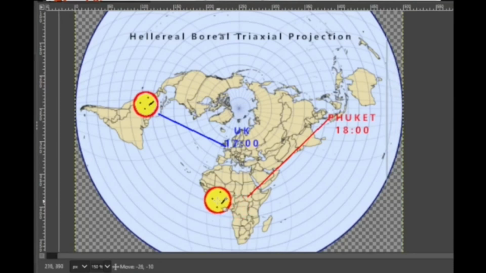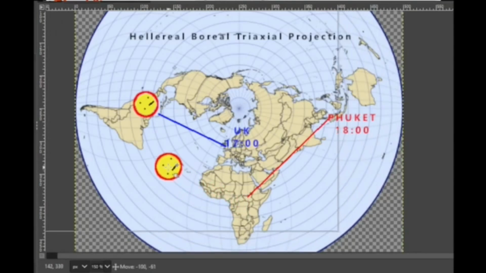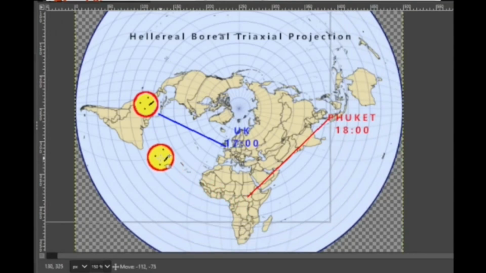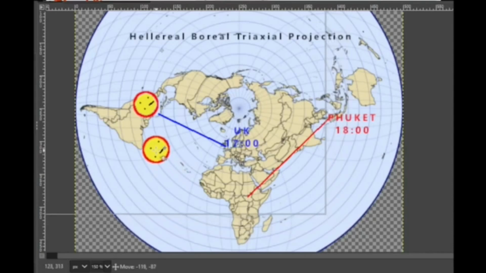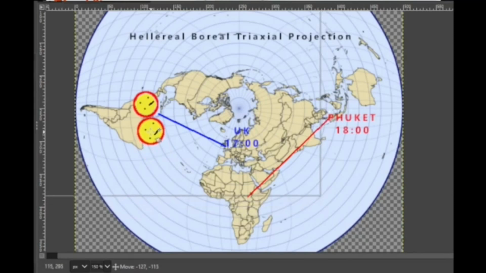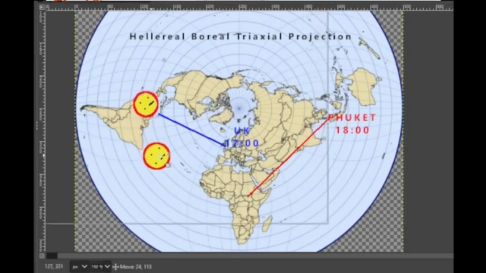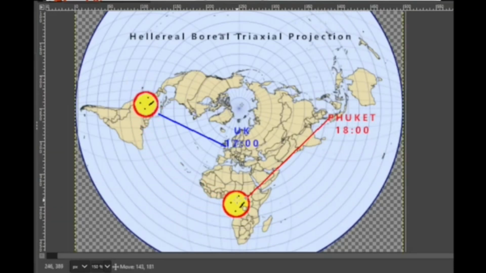If we just move the sun as it would have moved across the sky for observers in the UK, it would have been a southerly looking direction towards the east, the west eventually. It wouldn't go overhead like it does for me in Phuket. And eventually we get basically the sun and the arrangement of the sunspots appearing in the same way, just by moving the sun like this, okay?